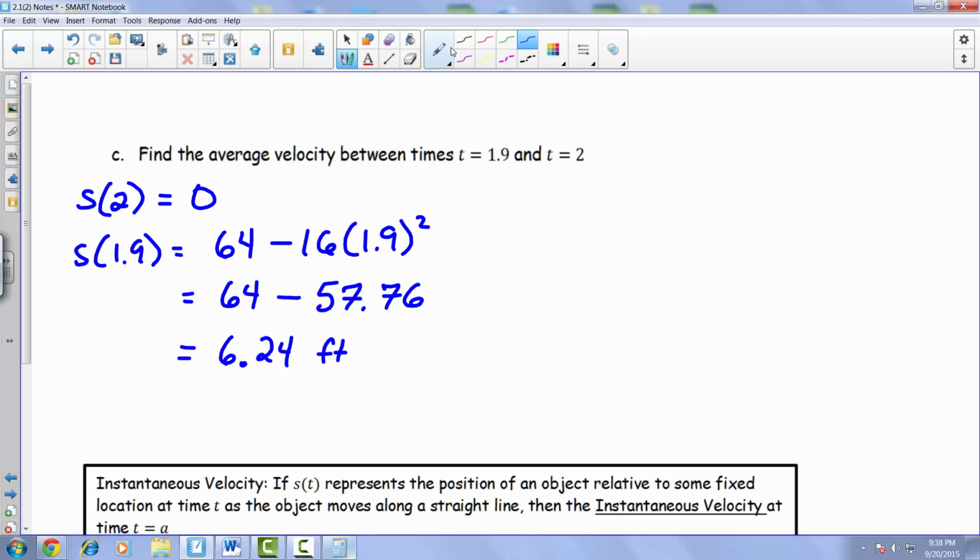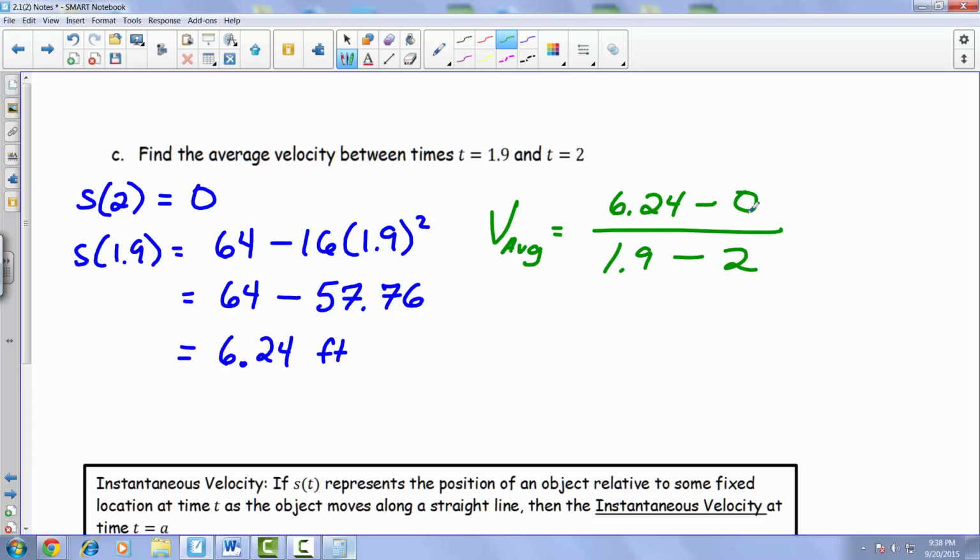Now let's go ahead and find the average velocity with this information. So going ahead and throwing in our values, we can throw in 6.24 minus 0 over our 1.9 minus our target x value 2. So again, this was our target y value, target x, other point right here.